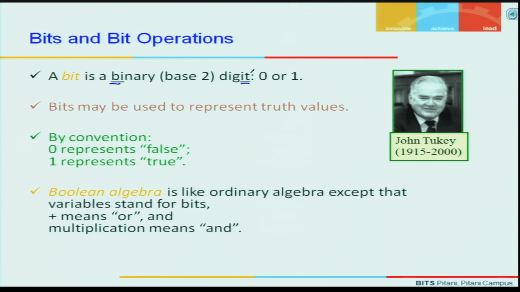That means, given two propositions and their truth values, we have defined the operator called OR. Because two propositions assume bit values, either 0 or 1, you can also talk about OR among these two bit values: 0 or 0, 0 or 1, 1 or 0, 1 or 1. Plus in Boolean algebra is defined exactly the same way as we have defined OR in propositional logic.